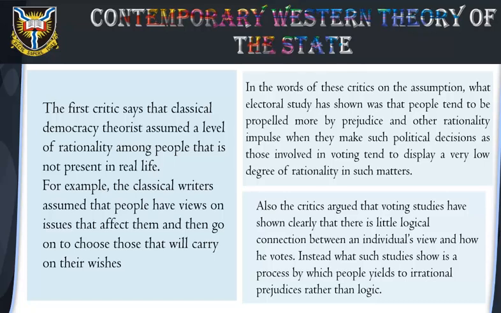Also, the critics argued that voting studies have shown clearly that there is little logical connection between an individual's views and how he votes. Instead, such studies show a process by which people yield to irrational prejudices rather than logic.